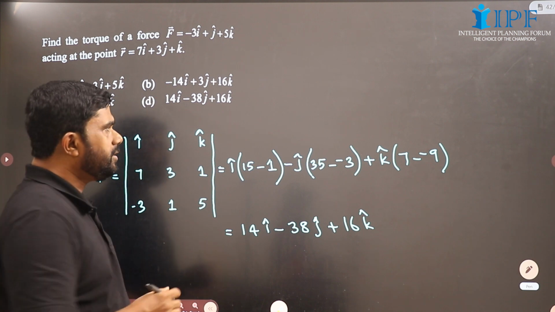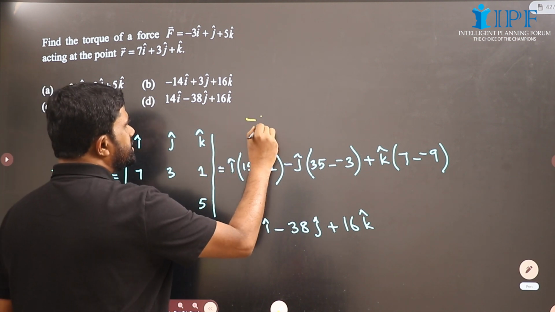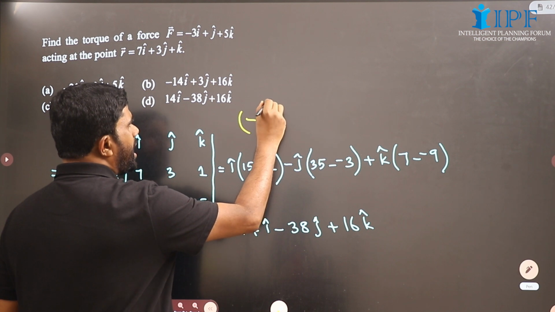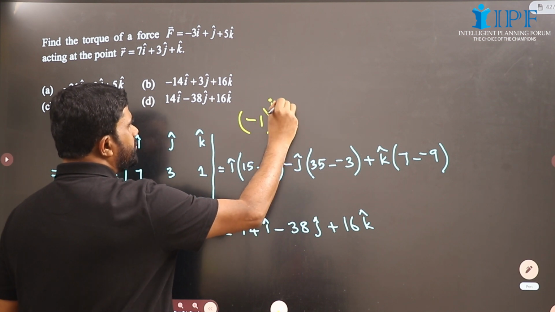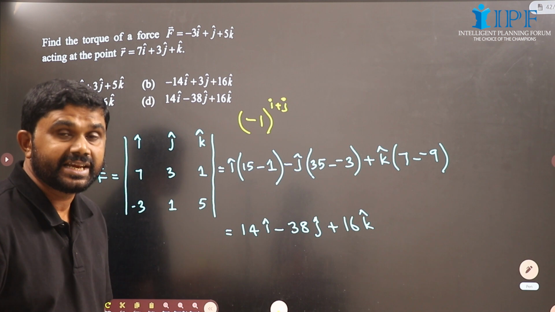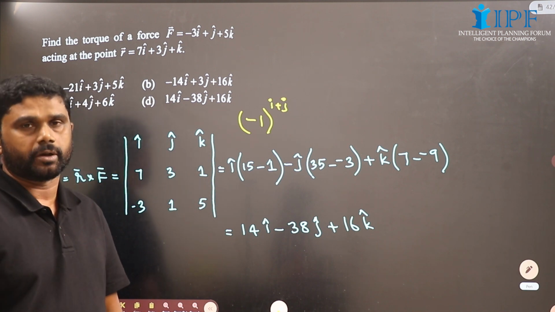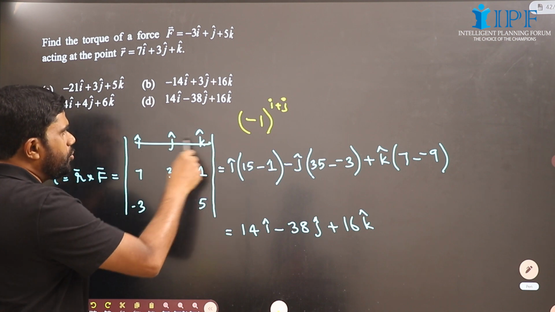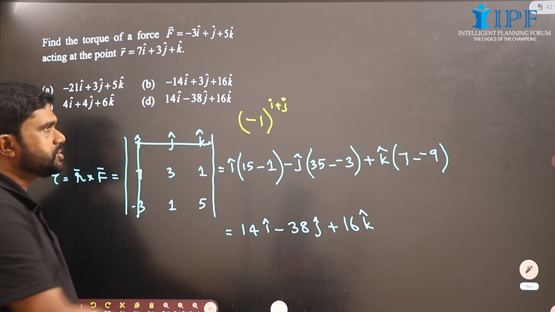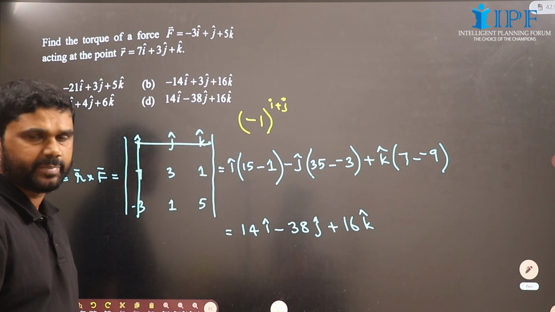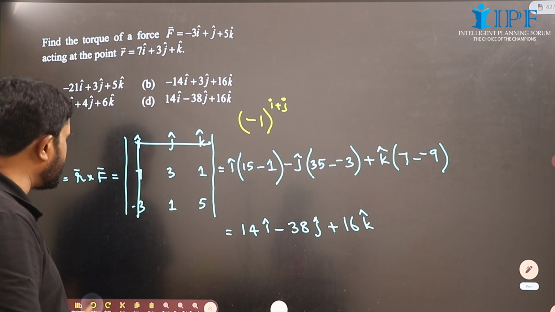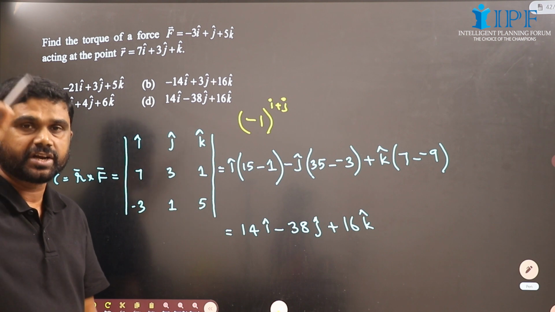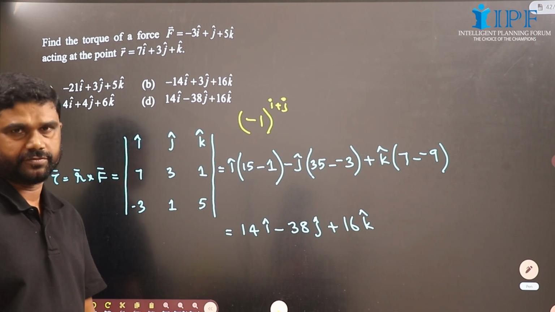We have to take it positive or negative according to minus 1 raised to i plus j, where the element is in the ith row and jth column. Here it is in the first row and first column, so i will be 1 and j will be 1. So minus 1 raised to 1 plus 1, that is minus 1 raised to 2, that is positive.